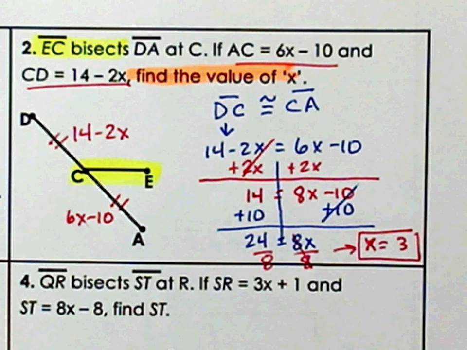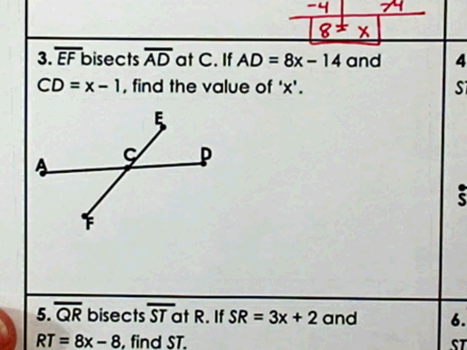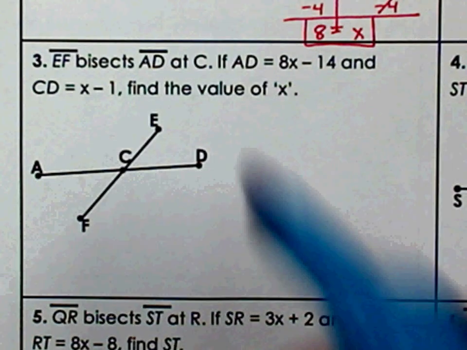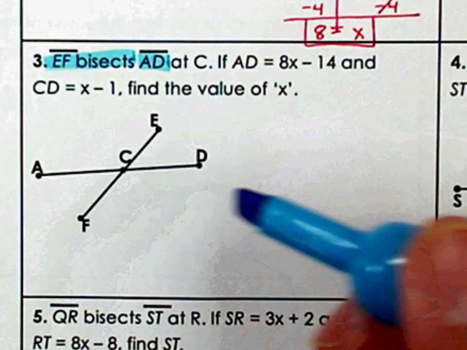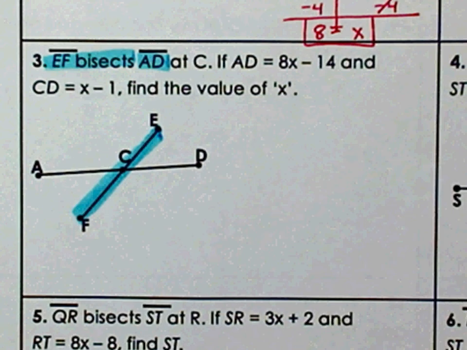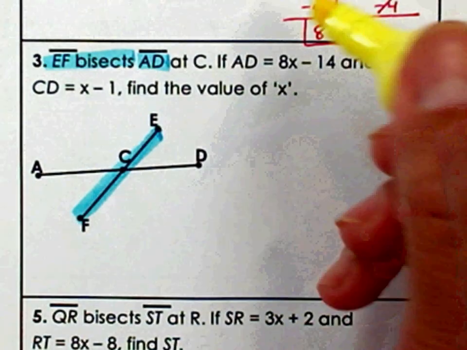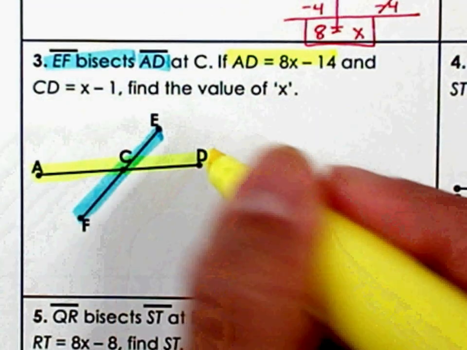All right. So just make sure that you know how to do the algebra, which we spent like 3 weeks on. Okay? Number 3. There we go again. It says EF bisects AD. So where's EF? This is EF. It says AD is 8x minus 14.